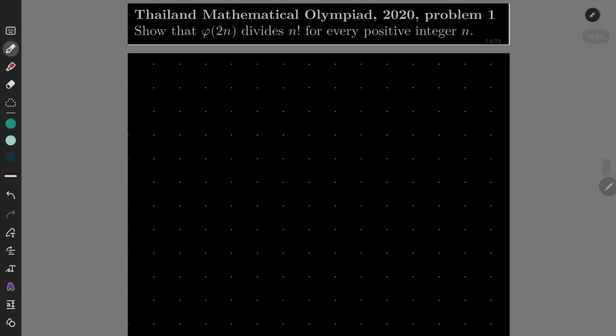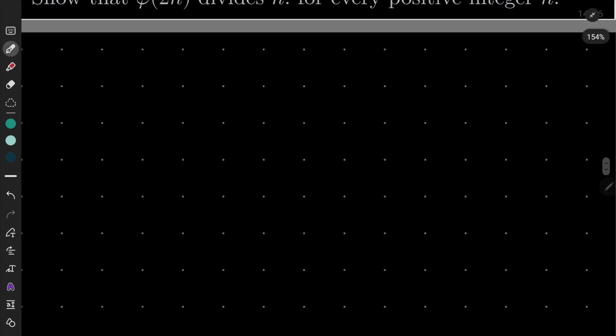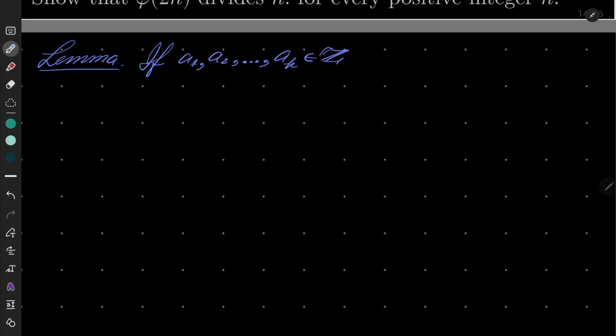Okay, so my proof. First of all, I will prove the lemma which I stated. Lemma says that if a1, a2, up to a sub k are positive integers, then a1 factorial, a2 factorial, and so on, ak factorial divides a1 a2 ... ak factorial.